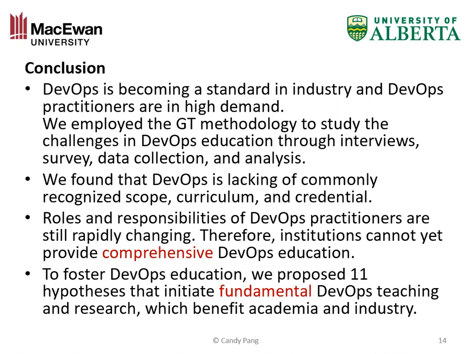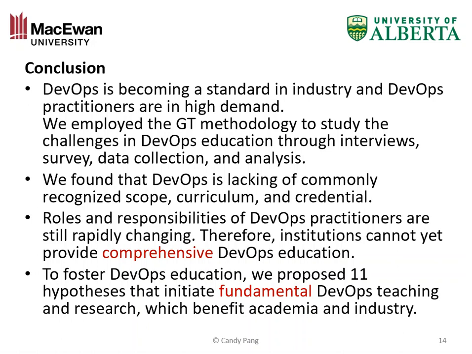Concluding our findings, DevOps is becoming a standard in industry, and DevOps practitioners are in high demand. We employ the grounded theory methodology to study the challenges in DevOps education through interviews, surveys, data collection, and analysis. We find that DevOps lacks a commonly recognized scope, curriculum, and credential.